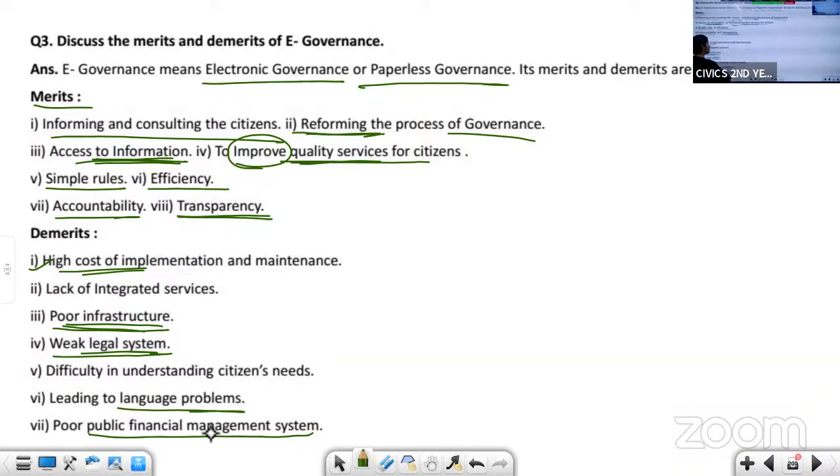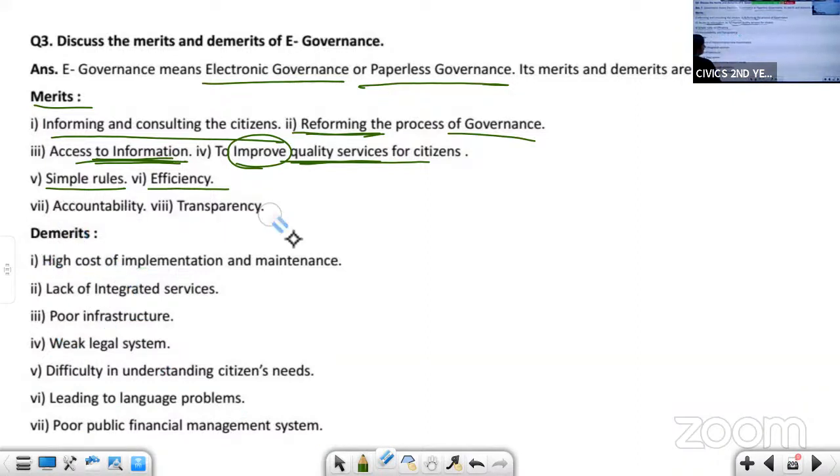Everything has got positives and negatives. E-governance has made the work easy with the use of internet-based services. But it does not have a strong legal system. So government has to work on making a strong legal system.